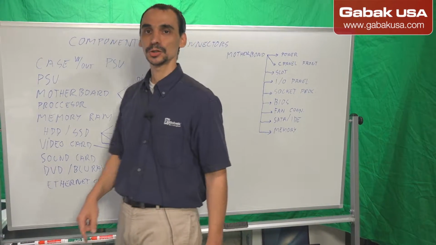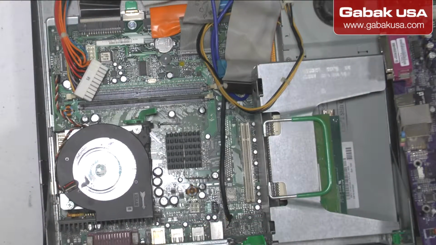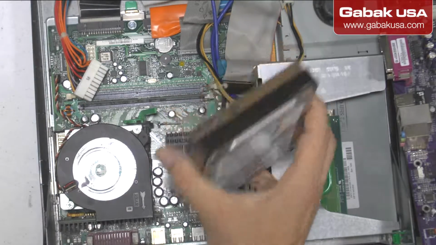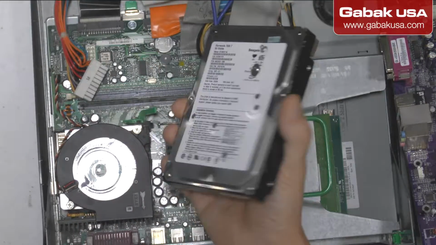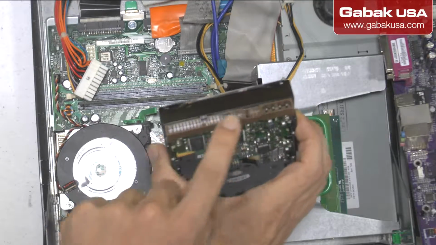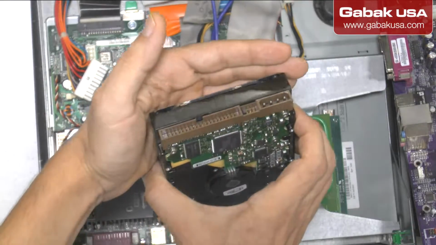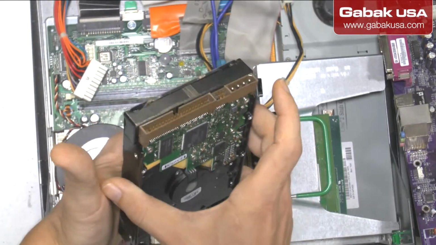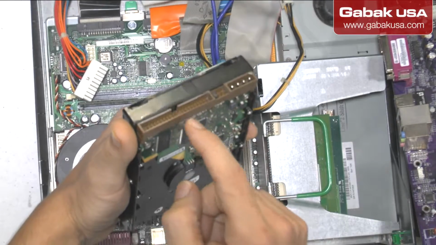So I'm going to show you a little bit closer so you can see everything. As you can see here, we have a hard drive. This is a 3.5 inch. In this hard drive, you are going to see this is the connector, this is the data, and here we have the power. The power is so you can make the hard drive work, and here is of course the data.